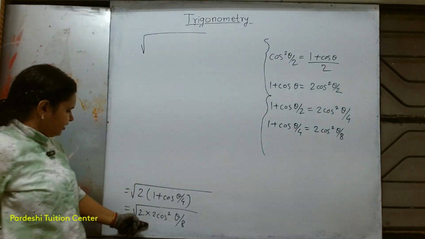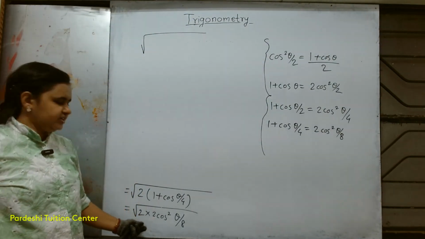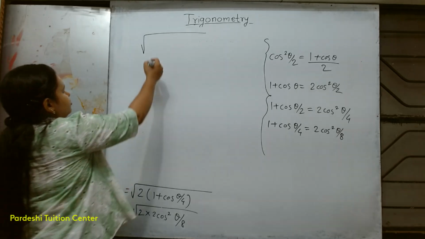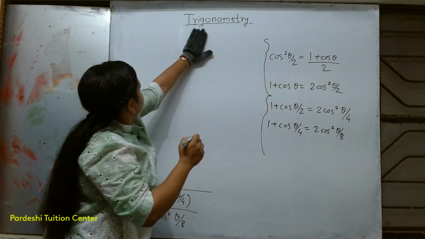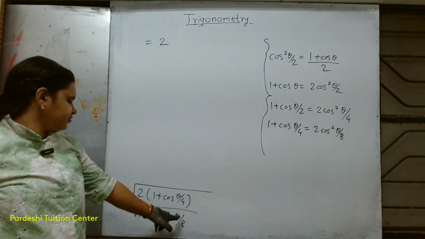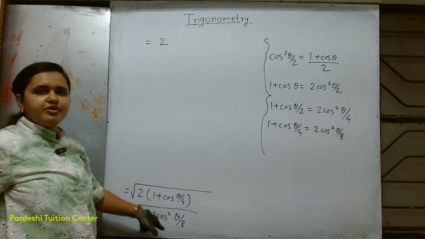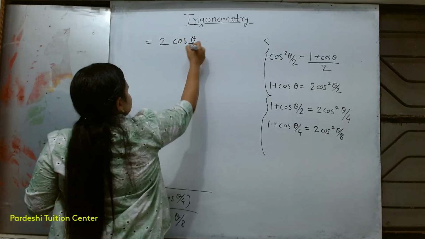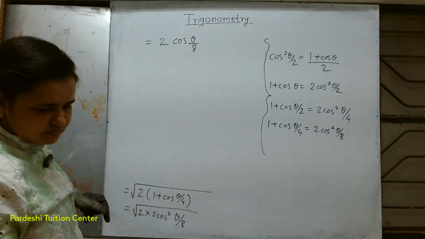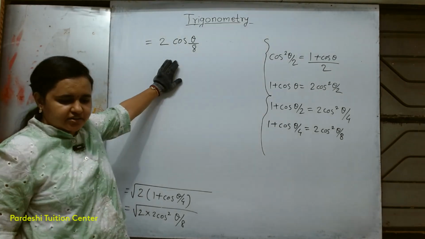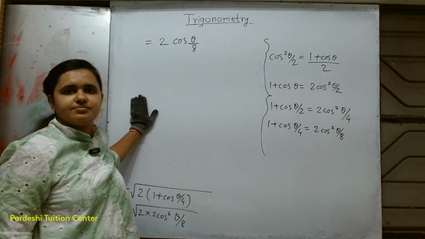Now again if I take the square root, it is 2 into 2, so the square root of 4 is 2, and the square root of cos square theta by 8 is cos theta by 8. So our answer is 2 cos theta by 8. The option is the second one.